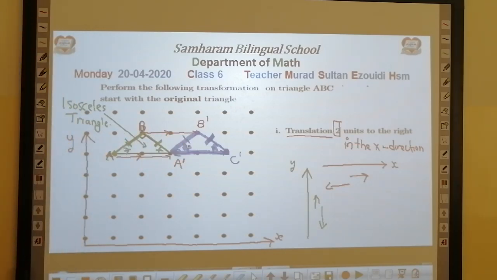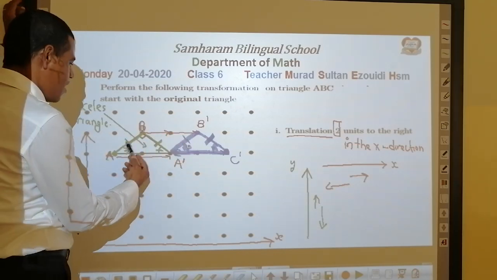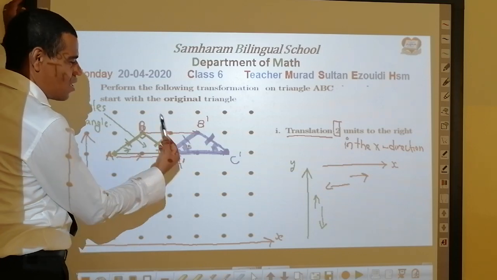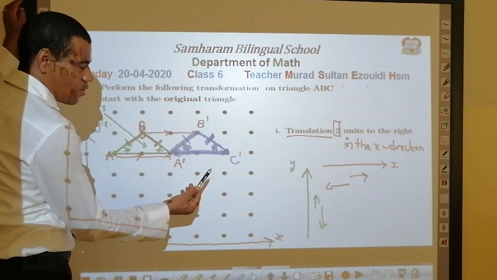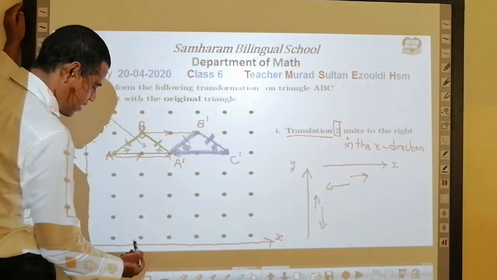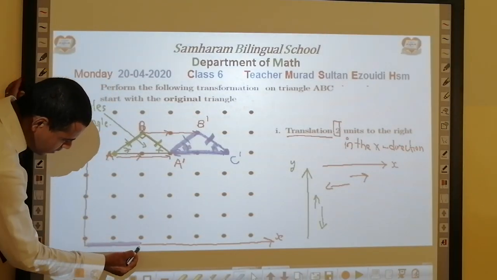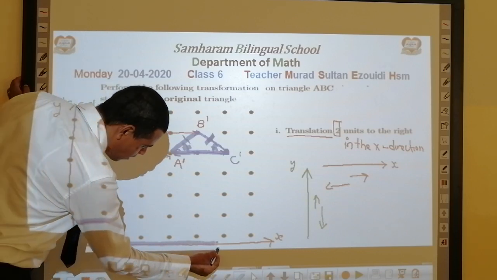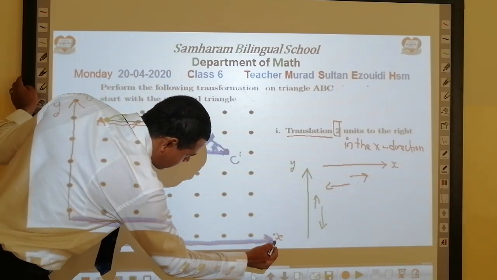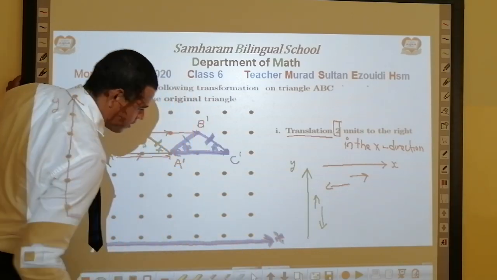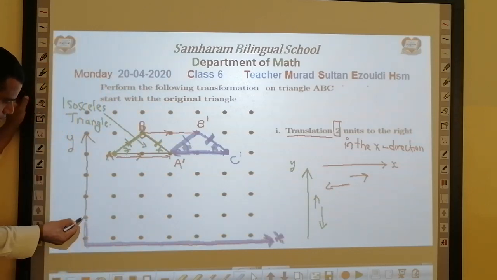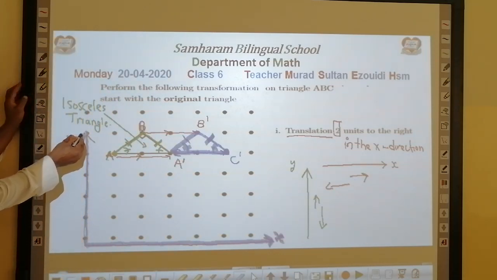This means that the triangle ABC is translated 2 units to the right in the x-axis. This is the x-axis, and this one is the y-axis.